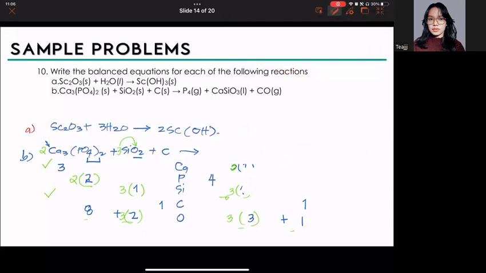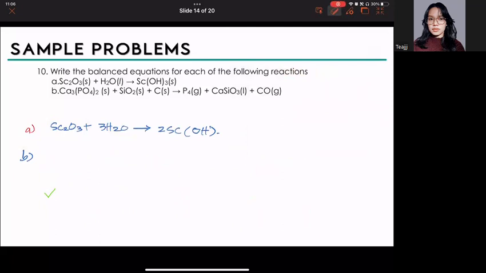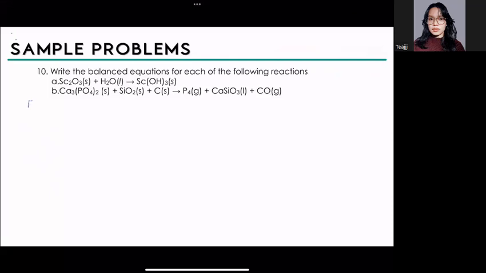So now, we have to start all over again. So let's try to start over. Now, for balancing, do not be sad if you have to start all over again. That's a thing that happens. Kasi trial and error yung balancing natin, especially if you're out of practice. Okay, so let's start again.